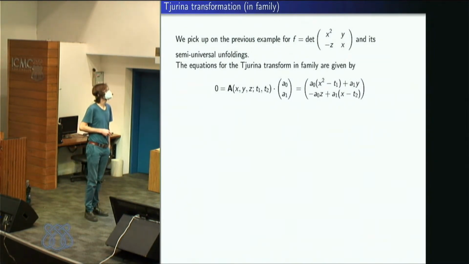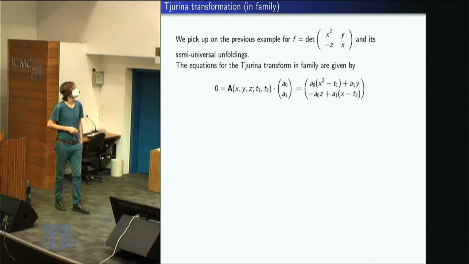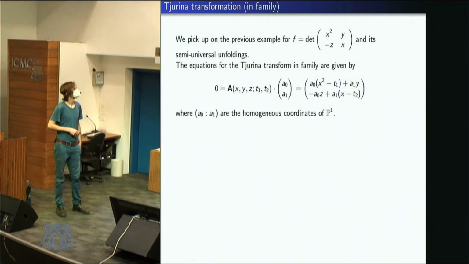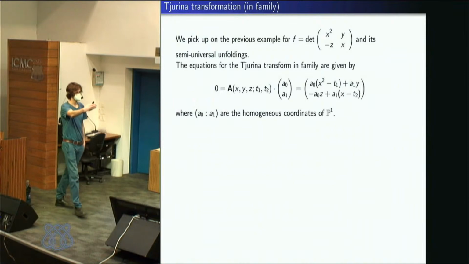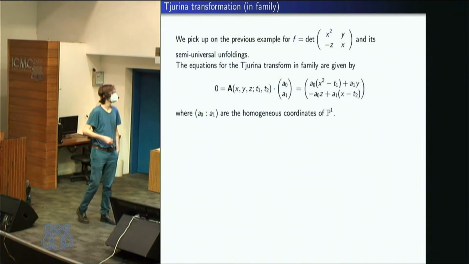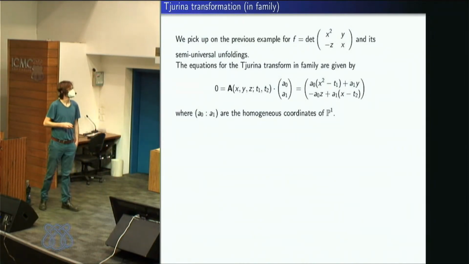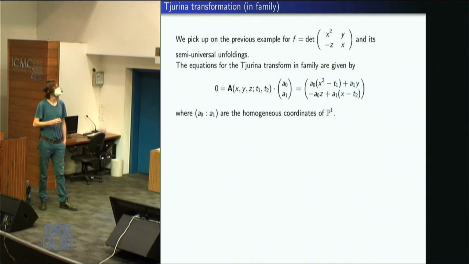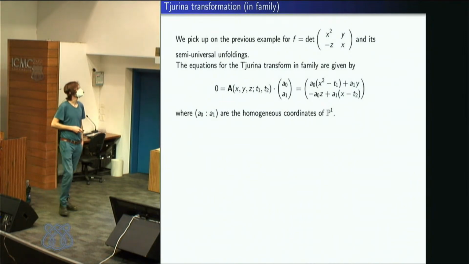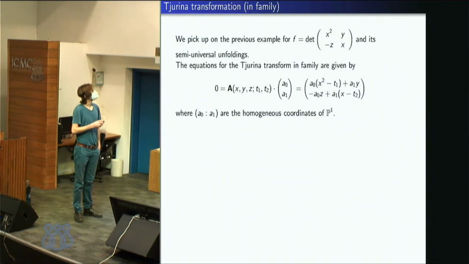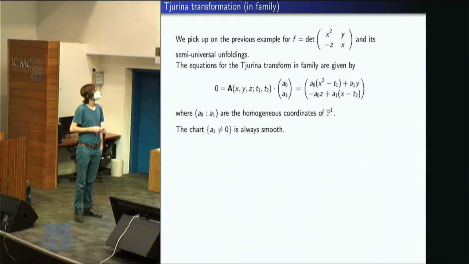You introduce two homogeneous variables, a0 and a1. Generically, the matrix will have rank 1, so the image will be one-dimensional. The corresponding Grassmannian is just a P1, so rather simple. And you can take these equations for the Tyurina modification in C^3 times P^1.